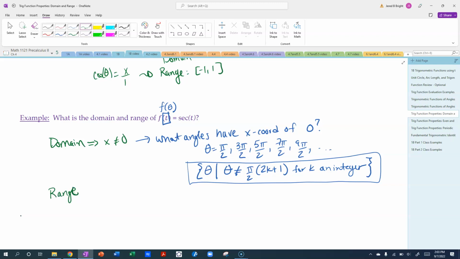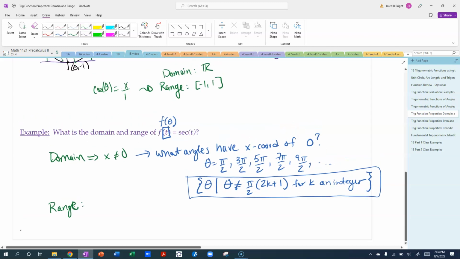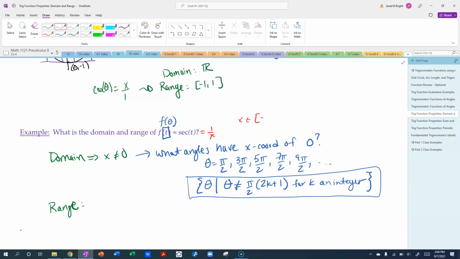Range. Honestly, the best way to find the range is to look at a graph. Here, what happens if you think about secant being, let me do this in a different color. Secant, we said, was 1 over x, right? And we said the x-coordinate is, x is really between -1 to 0 union 0 to 1.